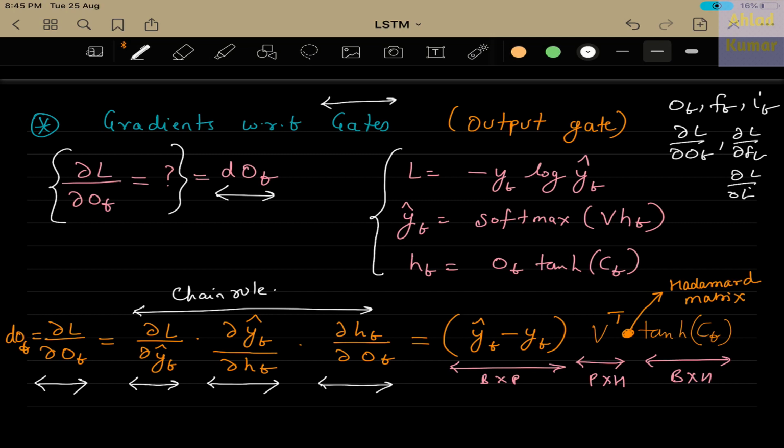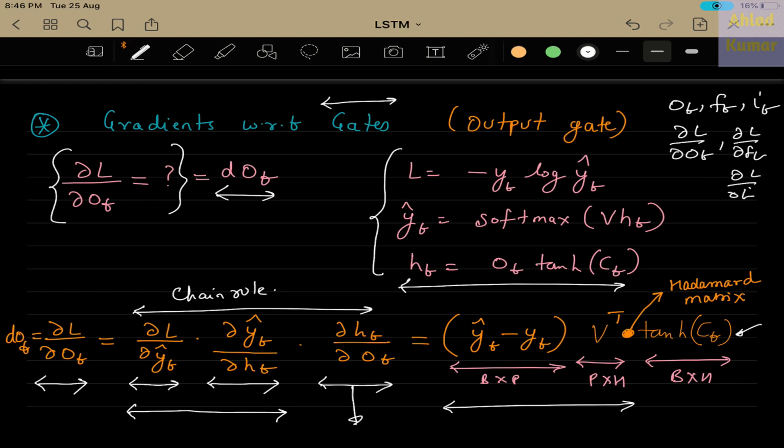The thing is, this we have already calculated earlier so many times, so this is this expression, and the only thing that we require is the derivative of HT with respect to OT, which we are getting from here. So what we are getting is tan hyperbolic CT. And again you can cross verify that the dimensions of the DOT will be B cross H, which is the same as the dimension of OT, which we discussed in our earlier lecture.